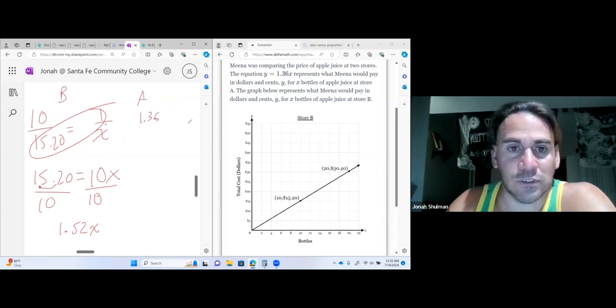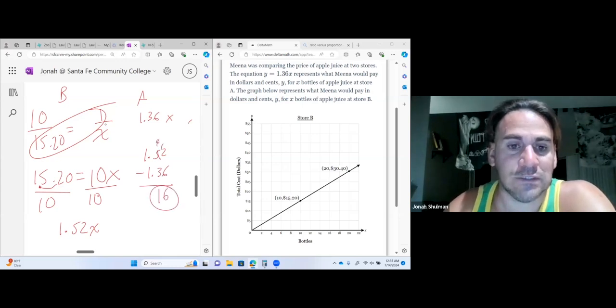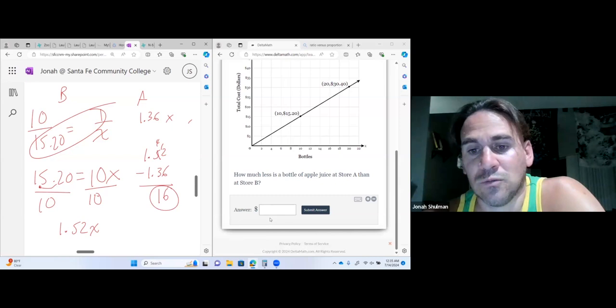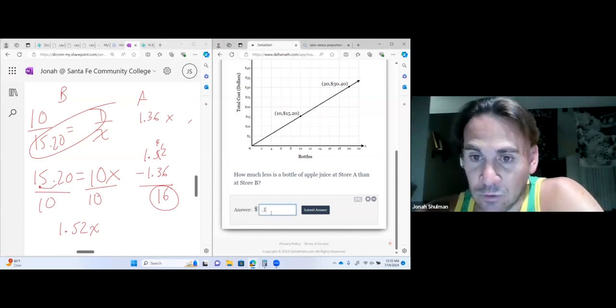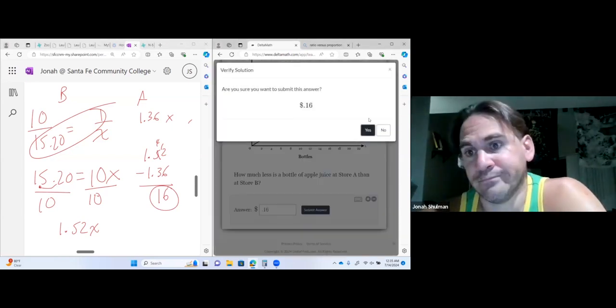So how much cheaper is it? Well, we just have to subtract $1.52 minus $1.36. This becomes 16. It is only 16 cents cheaper. So because it's only a little cheaper, I would go to whatever store is closer to me.